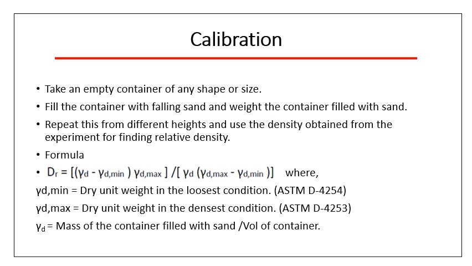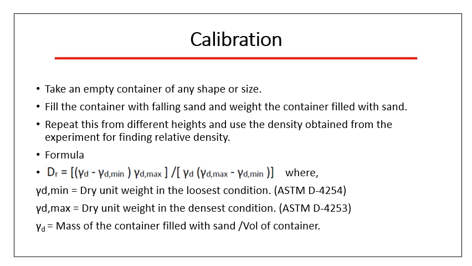Usually we use a cylindrical mold of 6-inch diameter and 6-inch height. Fill that container with falling sand and weigh the container filled with sand. That weight divided by the volume of that container will give you the density.